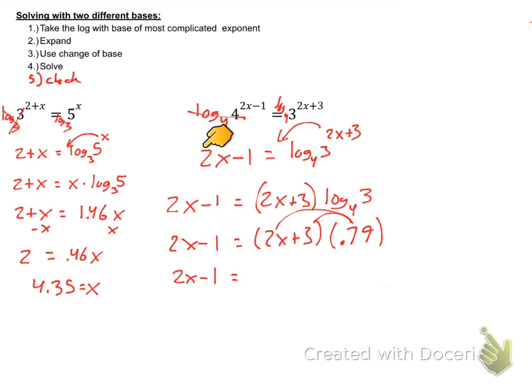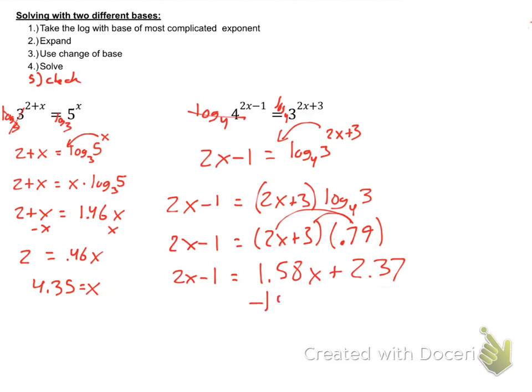Because I chose to get rid of this particular base, I was able to drop the exponent in its entirety, versus the other side, where I'm left with a change of base, which turns into decimals and is just not so nice. So 2 times 0.79 is 1.58x, plus 3 times 0.79 is 2.37.